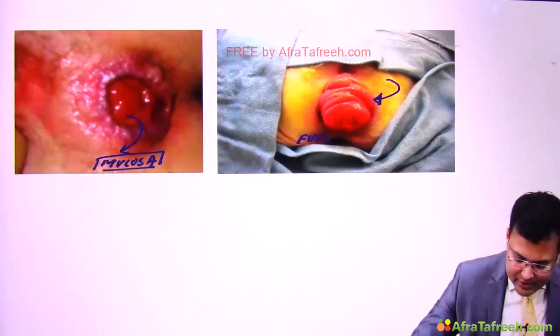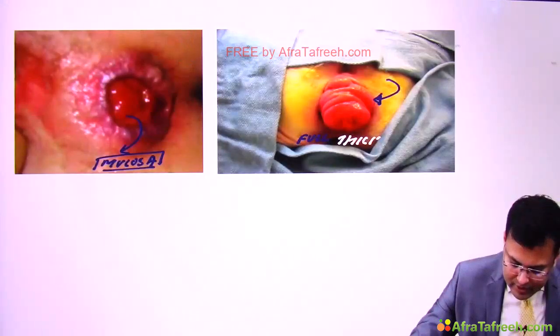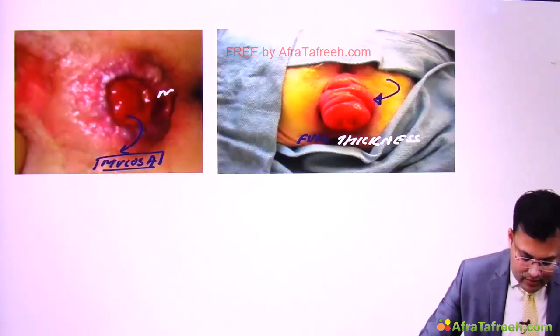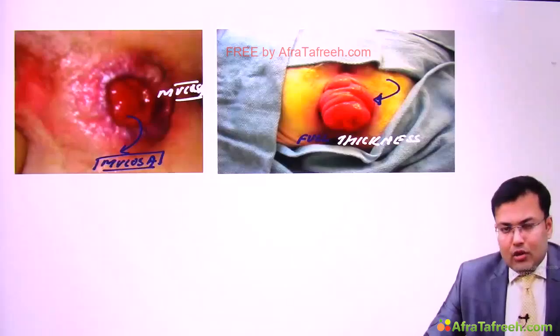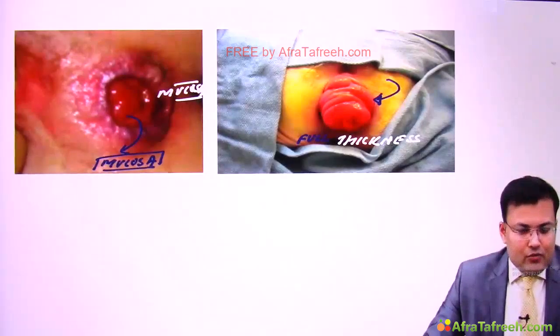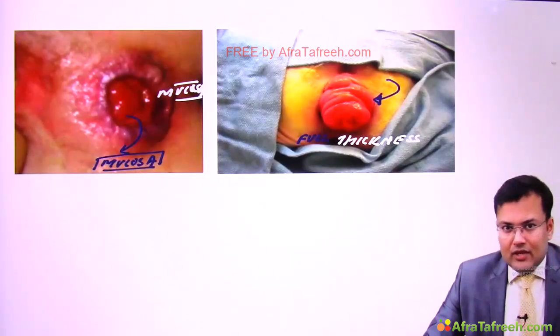So second picture is of full thickness prolapse. Clear? Now see, this mucosal prolapse is more common in children, whereas in adults there is full thickness prolapse.